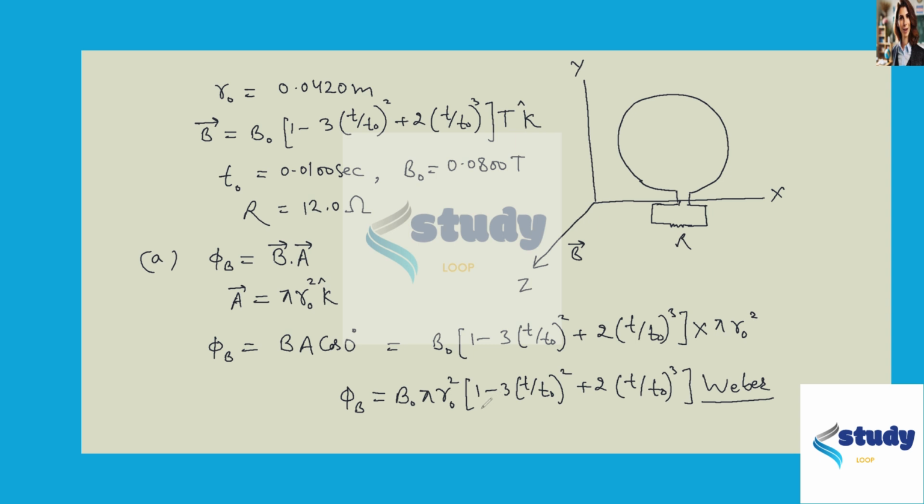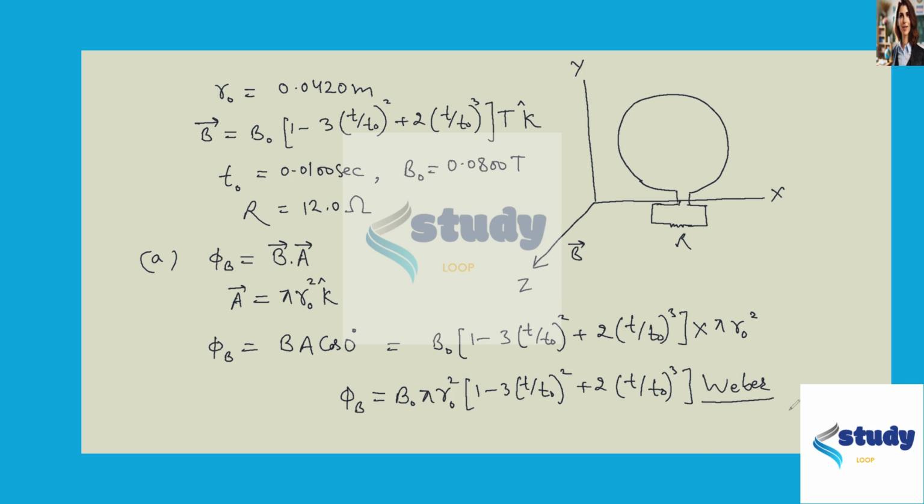The first term is 1, which is a constant, so its derivative with respect to time will come out to be 0. Then the derivative of 3 t square by t naught square, with t naught being constant, and then the derivative of 2 t cube by t naught cube.